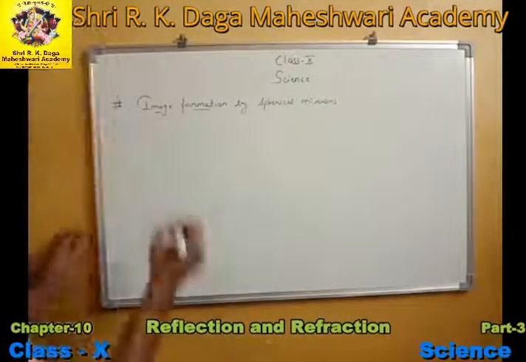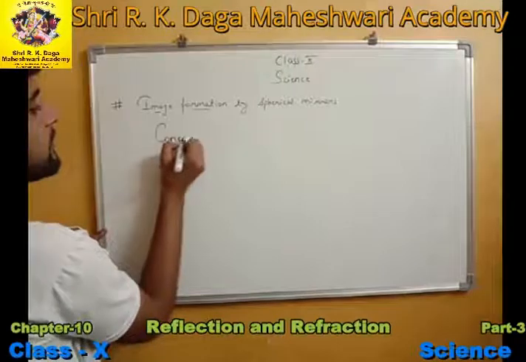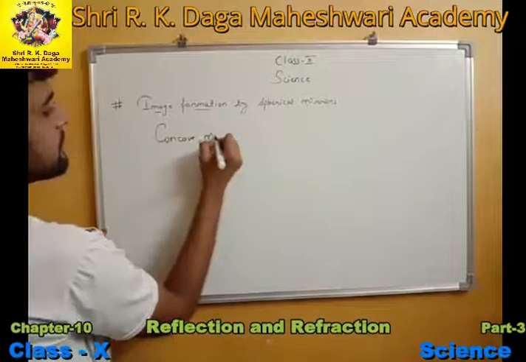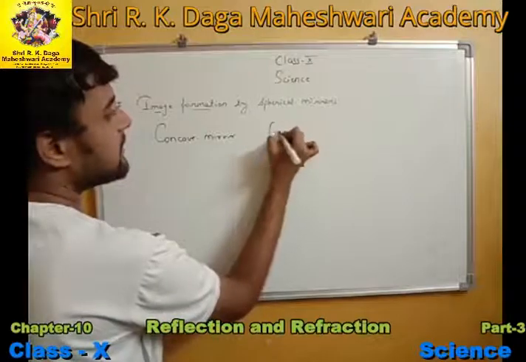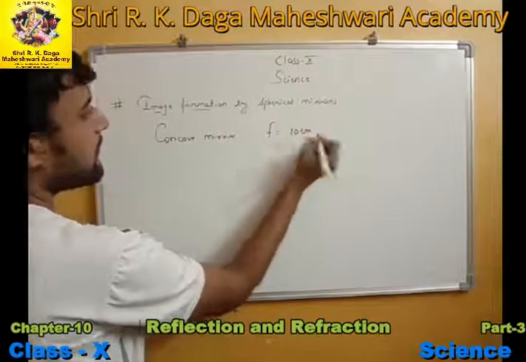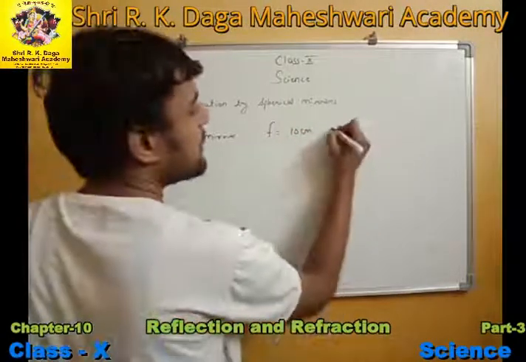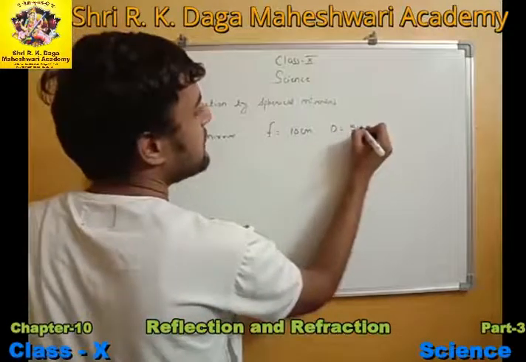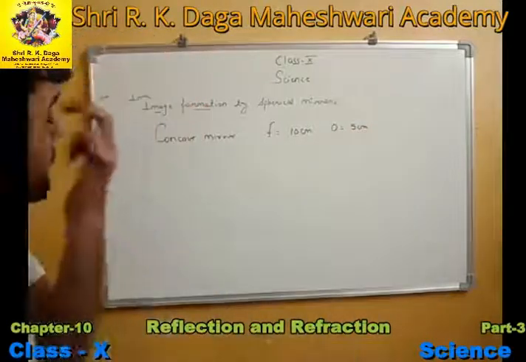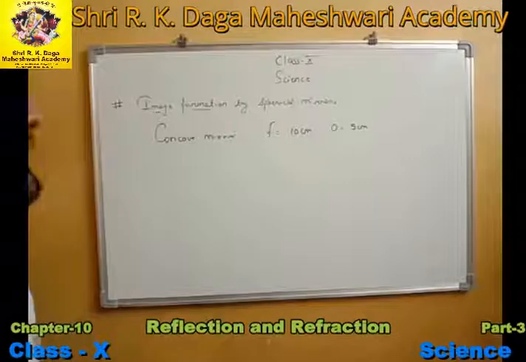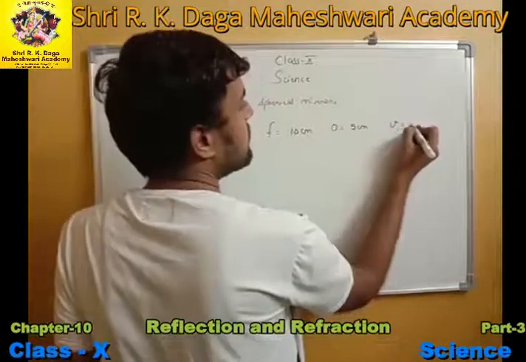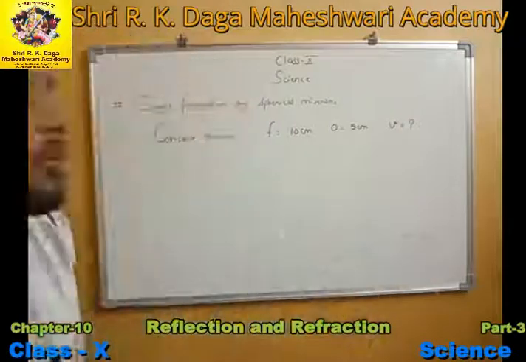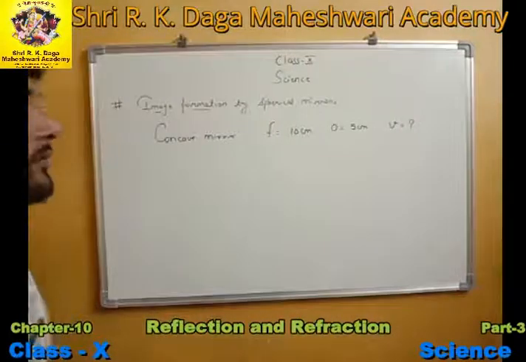Suppose it is given to you that you are having a concave mirror whose focal length is 10 centimeter and an object of length 5 centimeter is placed in front of it. Then we have to find out the position of image.